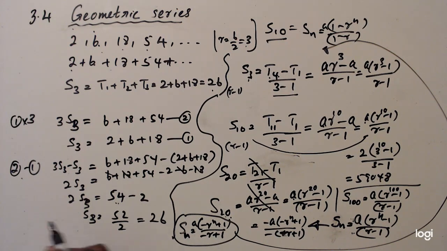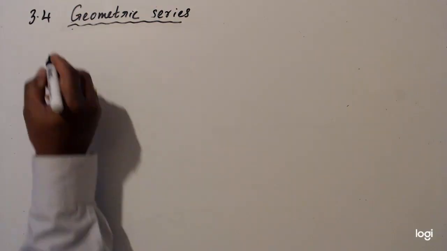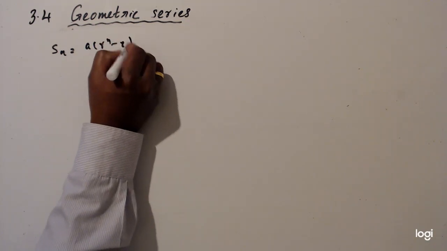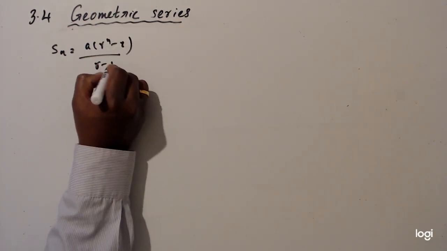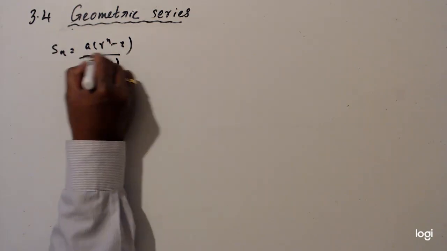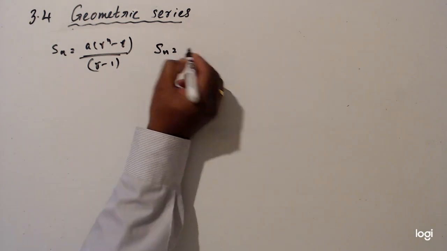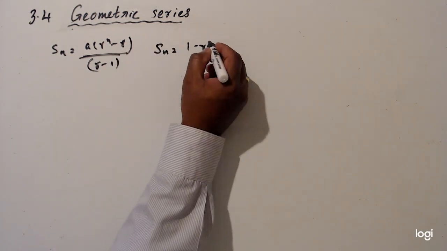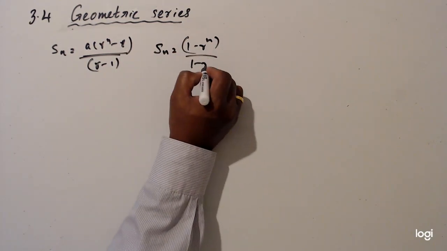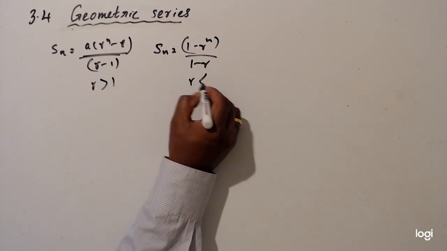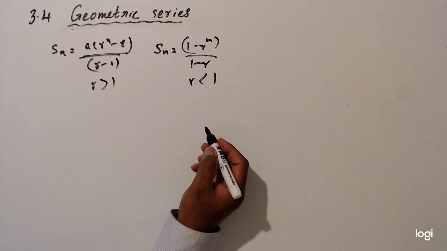So the conclusion is, either you can write Sn equals A(R^n minus 1) over R minus 1, or this is also right: Sn equals A(1 minus R^n) over 1 minus R. Usually we use this when R is greater than 1, and this when R is less than 1.